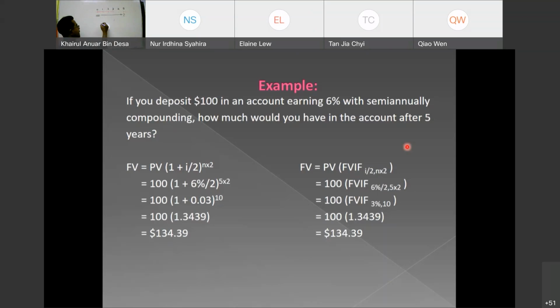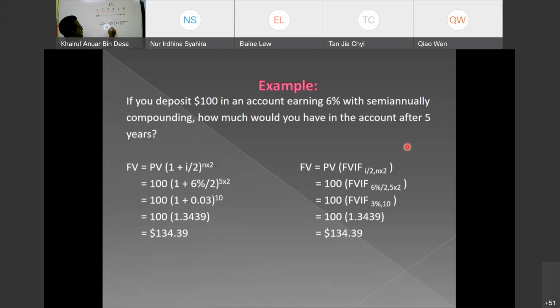So the formula: future value equals present value 100, times 1 plus 6% for 5 years. But semi-annual, so 6% over 2 and n times 2.